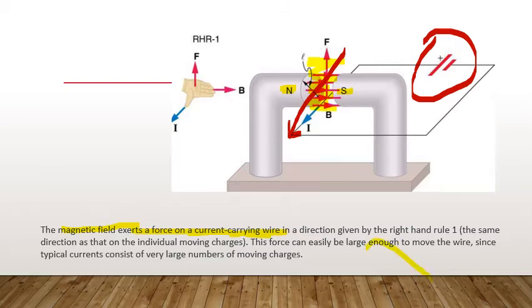Now I am discussing here that the magnetic field is exerting a force and the magnetic field is in the direction from left to right here. And the current is moving in the upward direction.